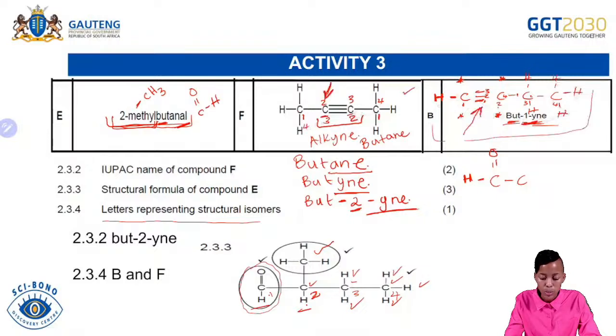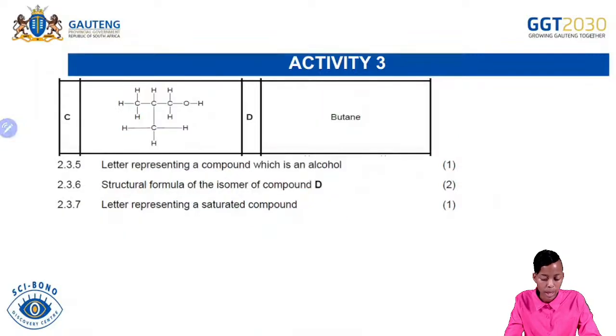If you are asked what kind of isomers we have here, it means that because you changed the position of the triple bond from position number 2 to position number 1, we have positional isomers.